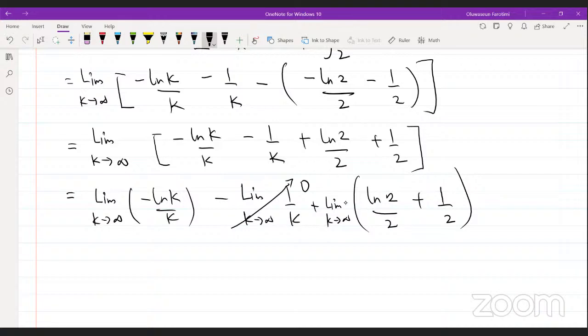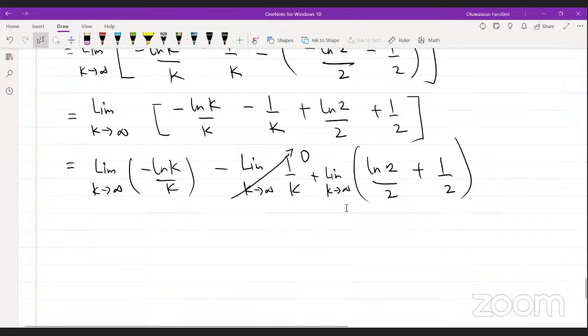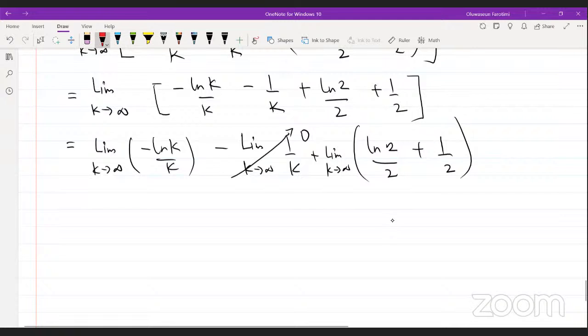But right here, there's a problem, right? If you plug in infinity, you have something like negative infinity over infinity. But you can use L'Hopital's rule. Remember, you have infinity over infinity, so what am I going to do? Differentiate the top and the bottom.